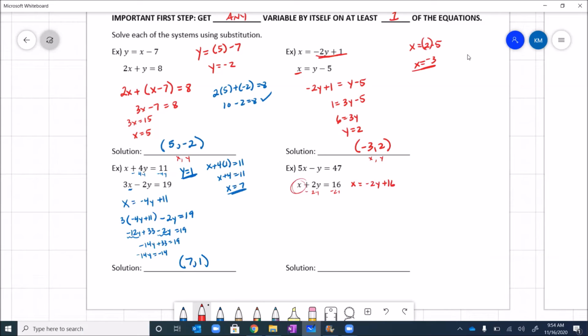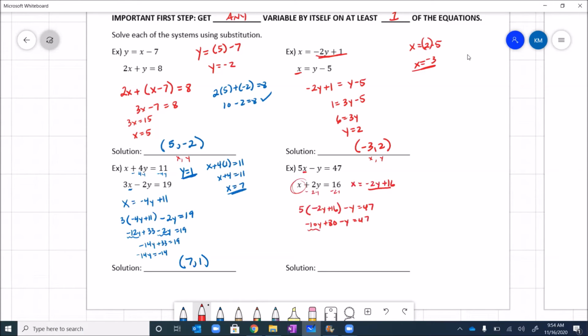And this is nice because now in my first equation, instead of writing 5x, I'm going to write 5 and then substitute for x, negative 2y plus 16, minus y equals 47. Distribute gives me negative 10y plus 80 minus y equals 47.